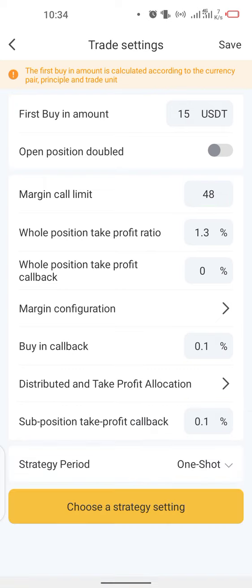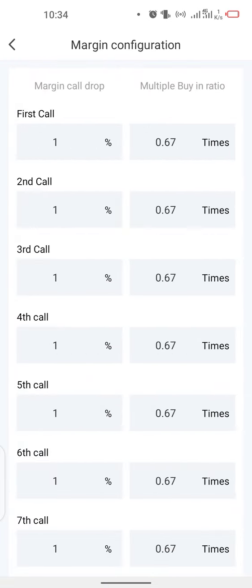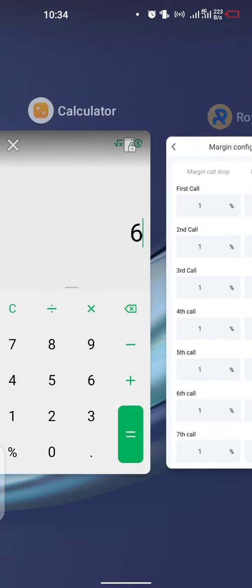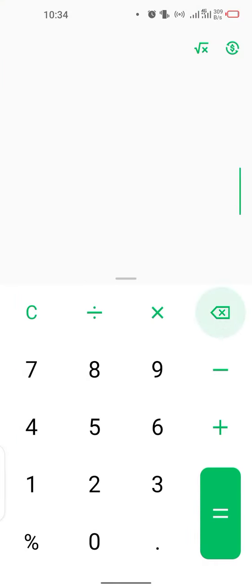Now, how you want to buy, you ask yourself. This is a very, very important question. How deep do I want Bitcoin to go? How deep do I want to prepare myself? Okay, the current price of Bitcoin is 21,000.